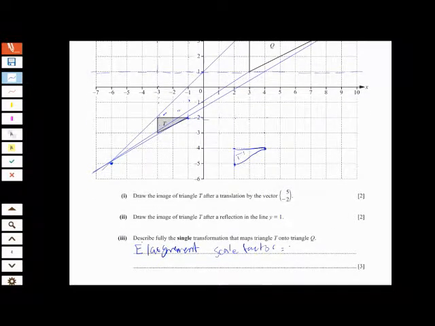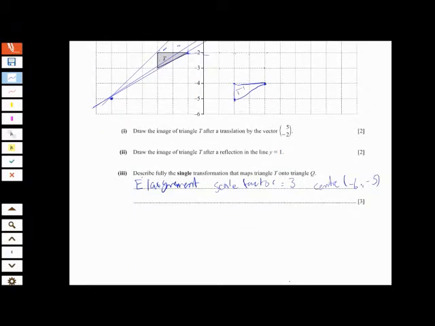So if you multiply 3 to that 2, you'll get 6, which is the image. That's what it means by scale factor. The center is (-6, -5).